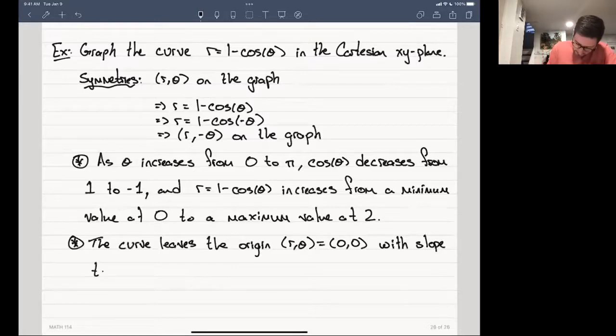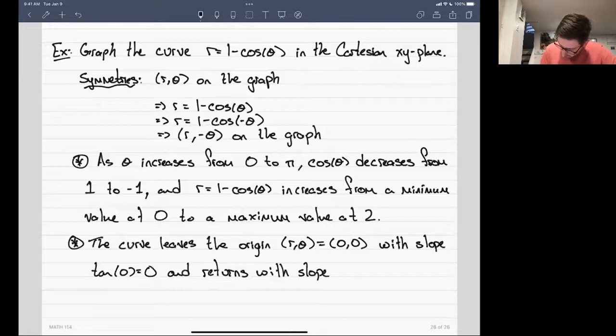Then tan of theta is equal to 0. And it returns with slope tan of 2 pi, equal to 0 as well. So what does that mean? It means that if you use these tangent curves to sort of feel in the dark around these curves, well, this thing sort of starts flat at 0. That's what this is saying.